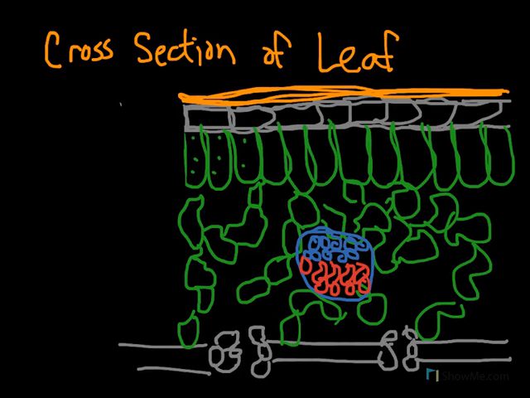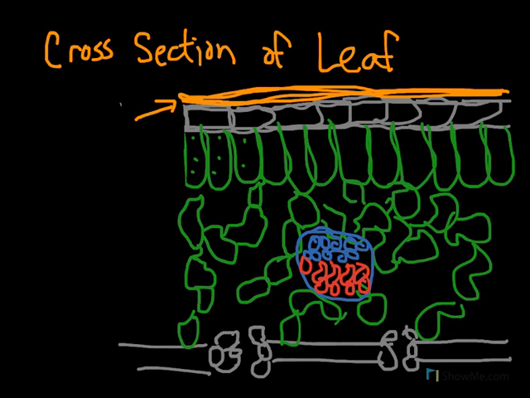Okay, and we have here a structure of a leaf, and you can definitely see this is a cross-sectional leaf. So basically, if you took a leaf and cut it, and then looked down the middle, and you saw these different layers under the microscope, this is what a cross-sectional leaf would look like. And so what do we have here? We have a cuticle, which is on top.